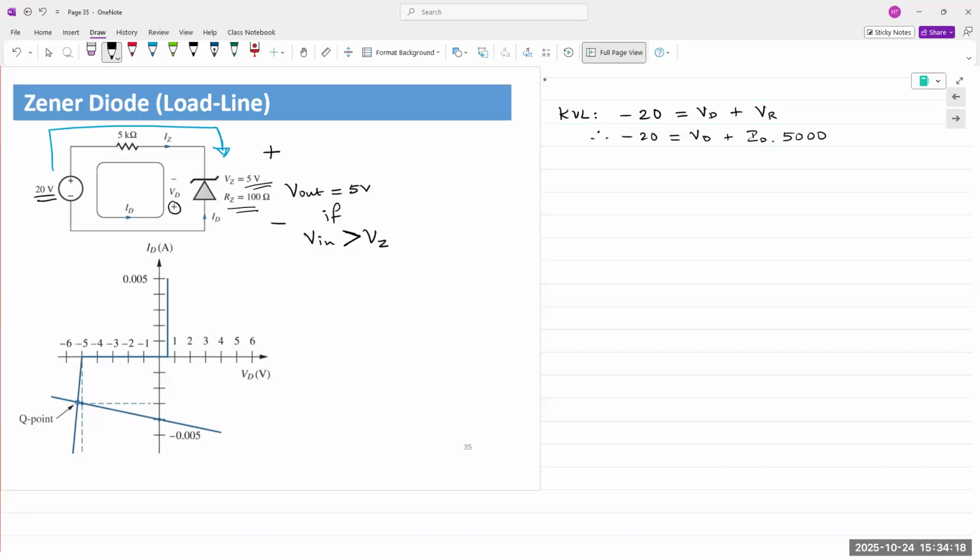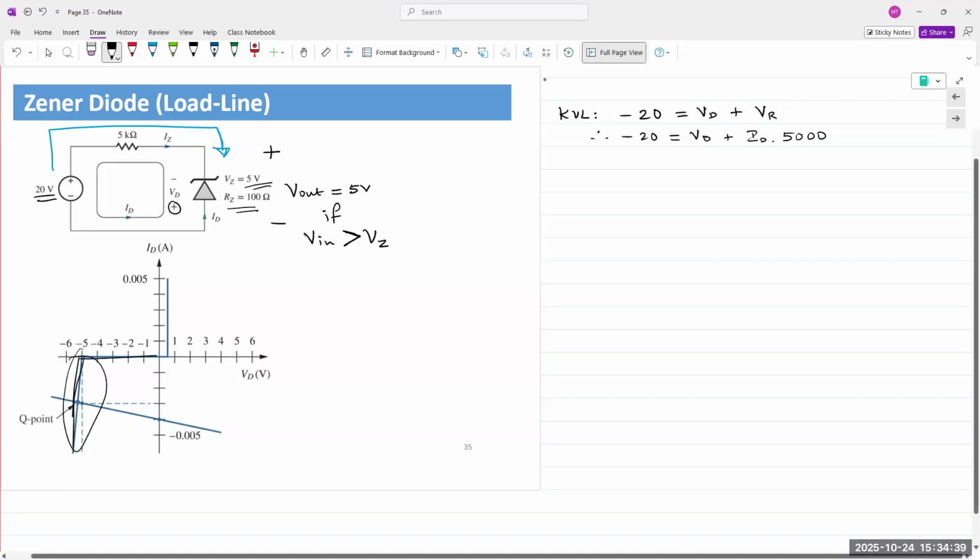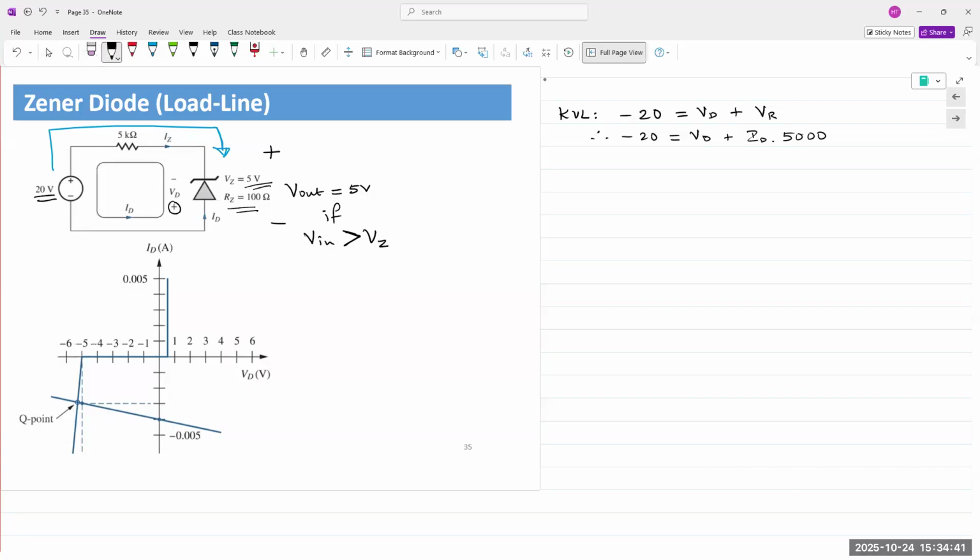Again, as a reminder, load line analysis is a graphical technique that we use to solve for the values of diode voltage and diode current. There are two unknowns, VD and ID. If you have two unknowns, we need two equations. Graphical means we need two plots. One plot is this diode characteristic right here that is given to us. This load line must be generated.